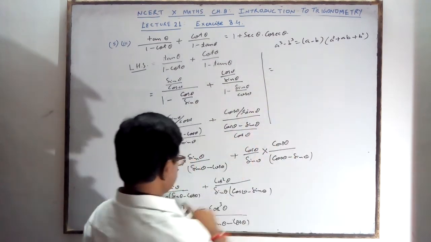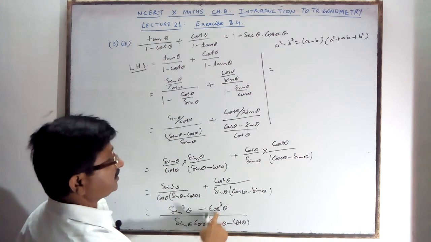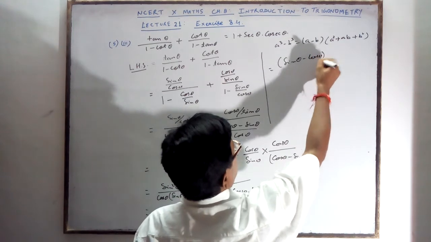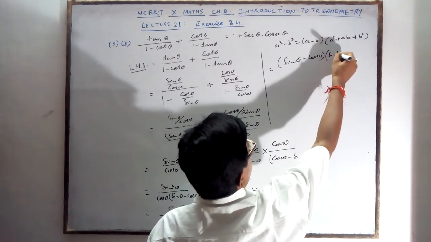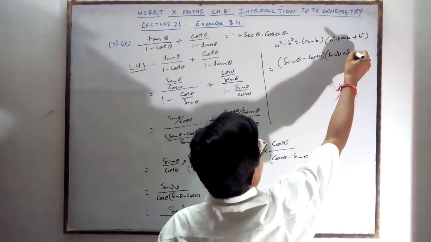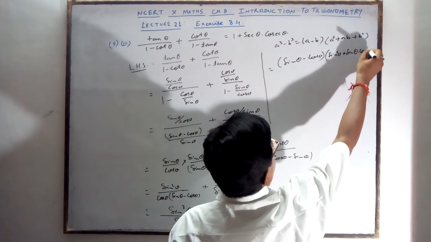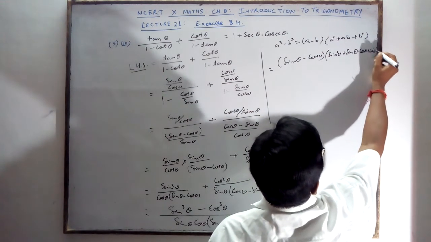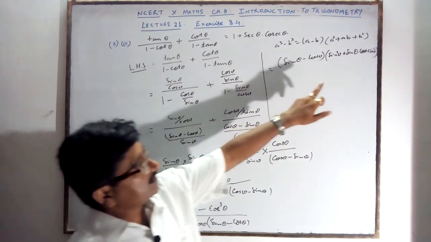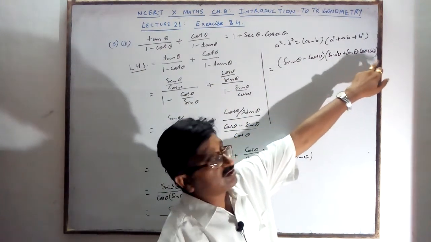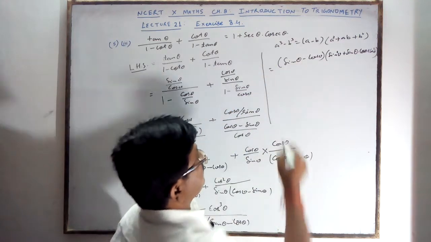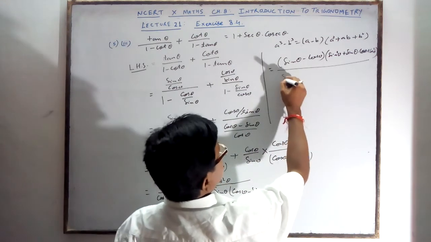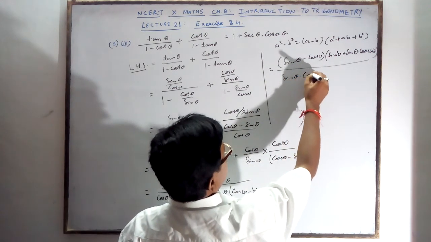Sin theta is a, cos theta is b: one bracket sin theta minus cos theta, another bracket sin square theta plus sin theta into cos theta plus cos square theta. It is by this identity. Divide by the denominator given, sin theta into cos theta.